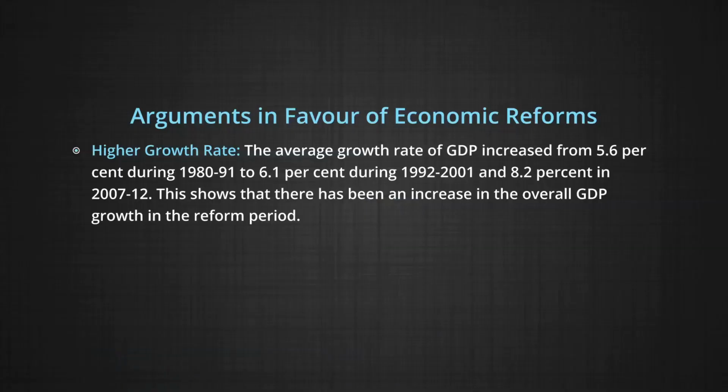The average growth rate of GDP increased from 5.6% during 1980-91 to 6.1% during 1992-2001 and 8.2% in the 2007 to 2012 period. This shows that there has been an increase in the overall GDP growth in the reform period.